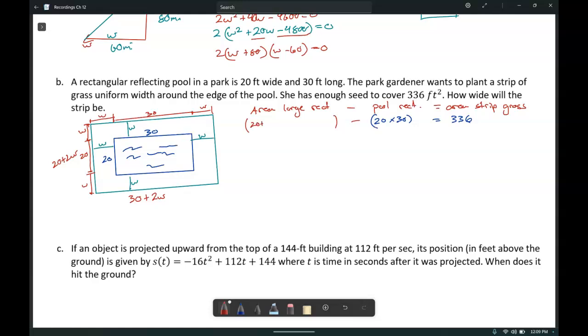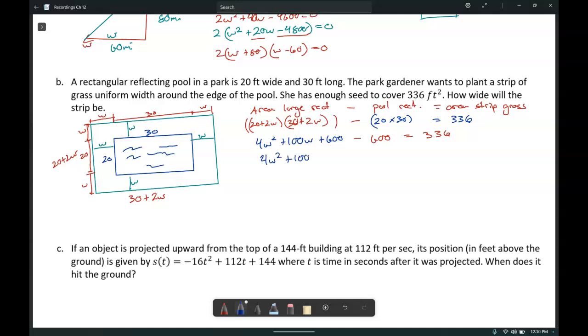So we can use 20 plus 2w times 30 plus 2w in order to get the area of the larger rectangle. So when we distribute and expand it out, we're left with 4w squared plus 100w plus 600. Then we have the area of the pool, which is also 600, equals the area of the strip.